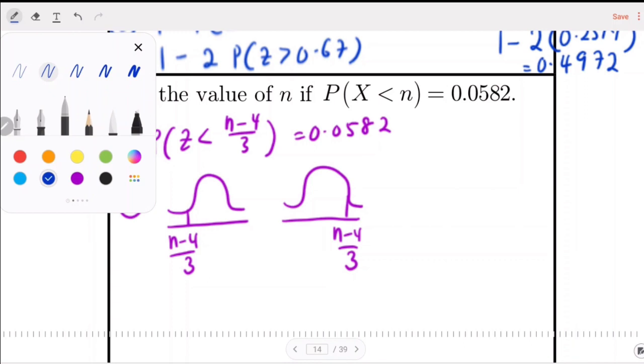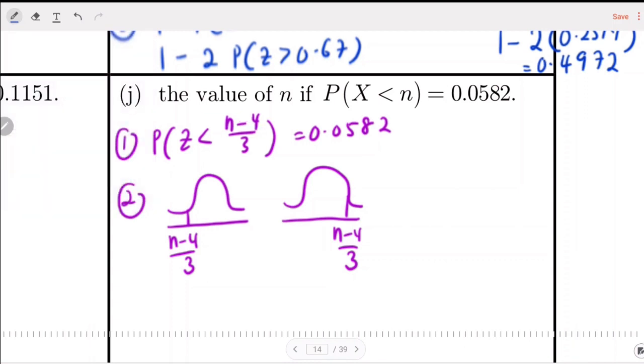The shaded region would be on the left side of the value of Z, because we have Z less than. So to the left, and then check which of the shaded regions tally with the probability given. Since we are given 0.0582, which is very small, not even half, the correct one is the left one.